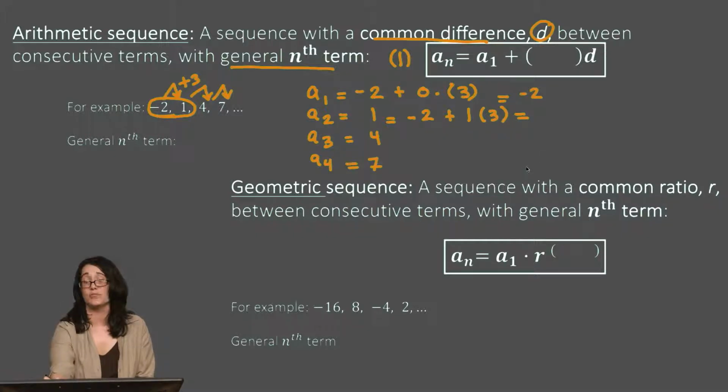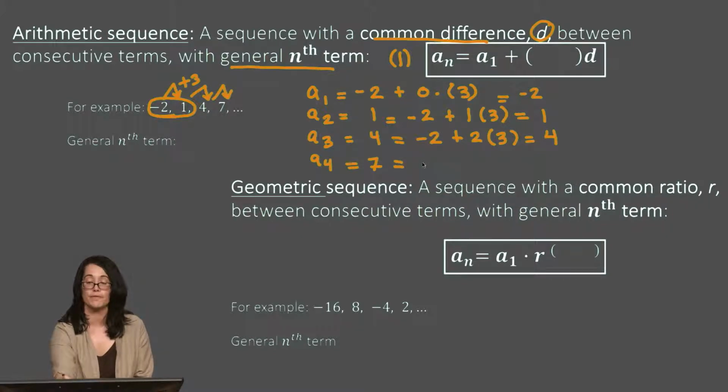Because -2 plus 3, well, there's my 1, right? Similarly, to get to the third term, if you started at -2, how many copies of 3 did you really add to it? That's right, you added 2 copies of 3. Because -2 plus 6 is 4. That was our third term.